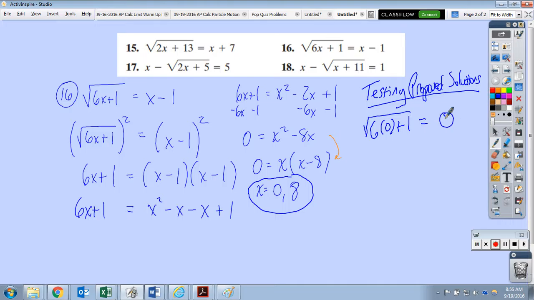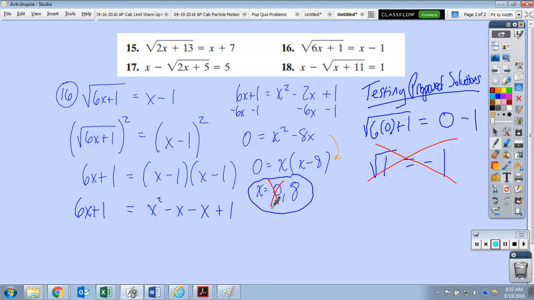Does that equal 0 minus 1? So we have the principal root of 1, does that equal negative 1? The answer is no. Remember, this is just the principal root, right? It's not specified plus or minus. It just says the principal root of 1. So this is not true, so this doesn't work, so therefore 0 is not an actual solution to this original equation.